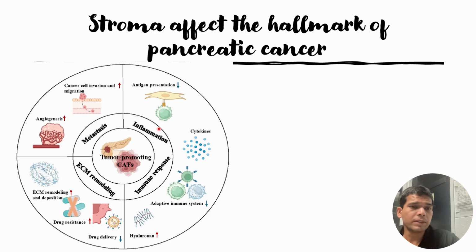And apart from this, a glycocalyx, a layer composed of carbohydrates, is formed around the tumors, and it will act as a physical barrier to prevent the immune cells from coming and interacting with the tumor cells.